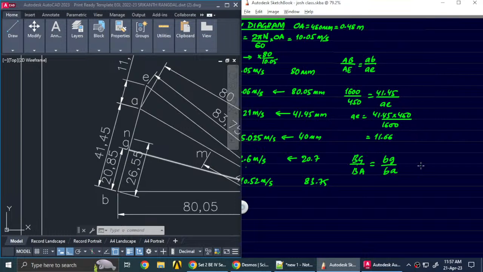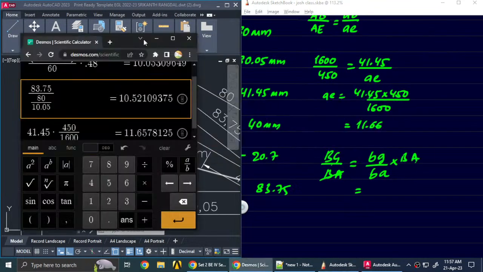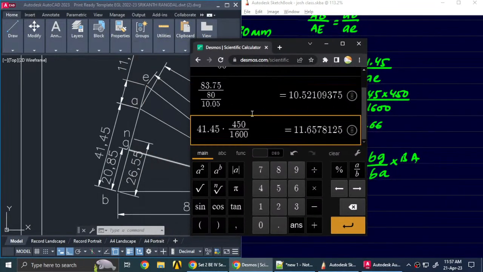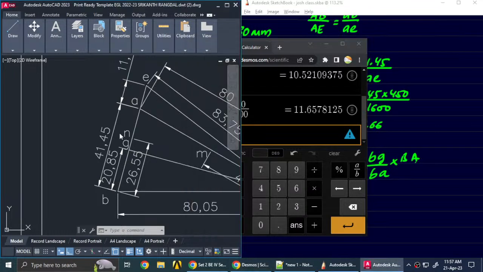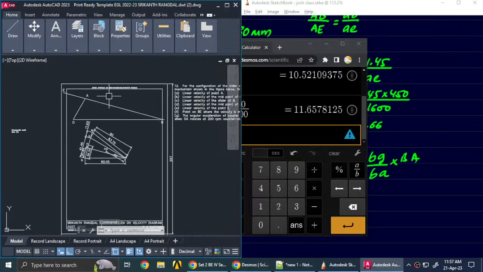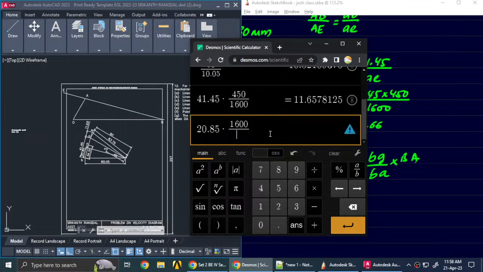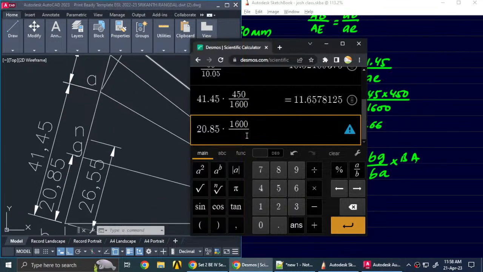So this will get multiplied over here. Let's do that, and we get the small bg length. Small bg length is 20.85 into capital BA, and BA length we know is 1600 divided by small BA. Small BA length we know is 41.45.